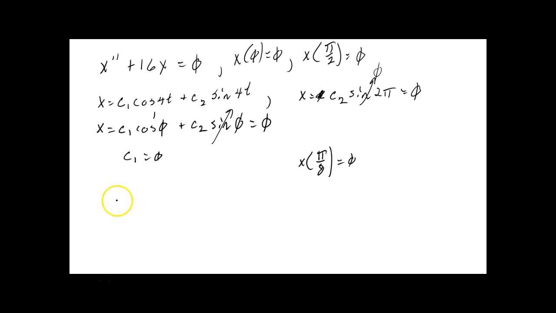Okay? So then you have x equals c2 times the sine of, when you put in pi eighths, 4 times pi eighths is pi halves, and that equals 0. Well, sine of pi halves is 1, so this says that c2 has to equal 0.